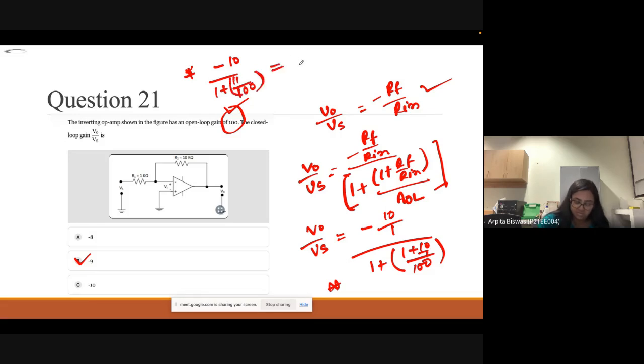That is minus 10 by 111 by 100, so minus 1000 by 111, which comes out to minus 9.009 volt, approximately minus 9 volt. So the right option is option B.